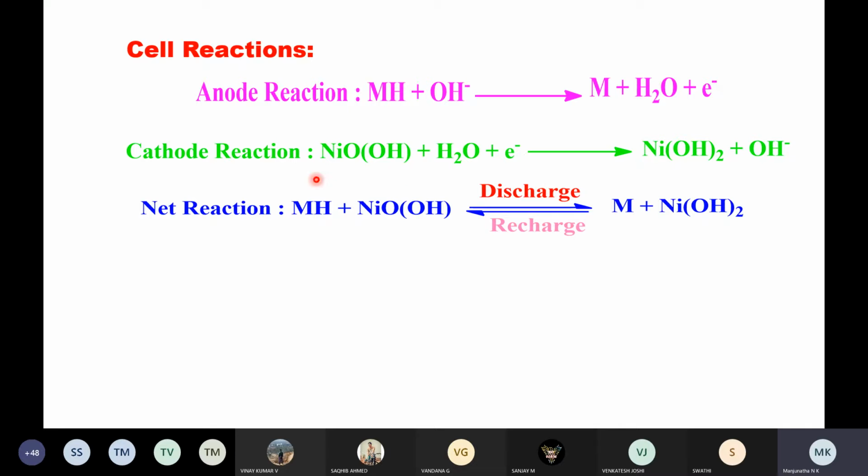At the cathode, it contains nickel oxyhydroxide. That nickel oxyhydroxide gains the liberated electron and is reduced to nickel hydroxide with the liberation of energy.